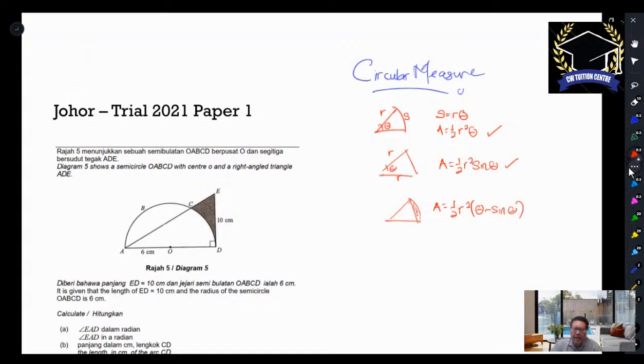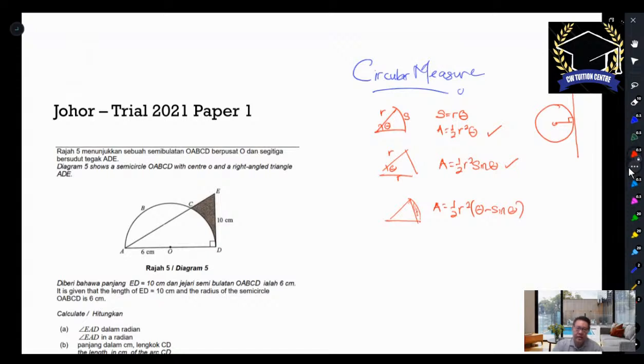In SPM, there will be another information that you need to know. If this is radius and this is tangent, it will be 90 degree.